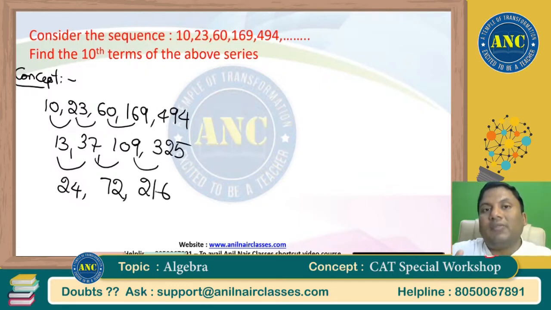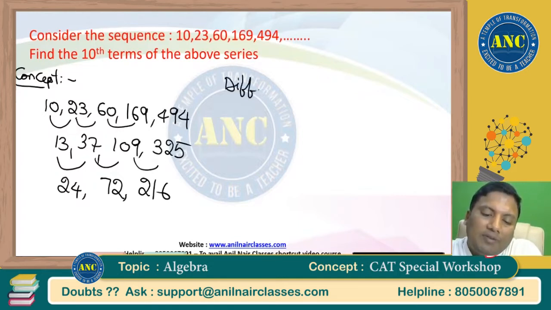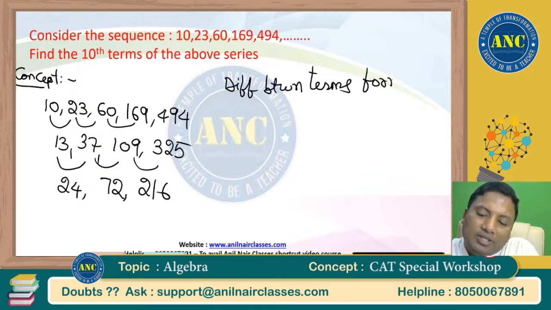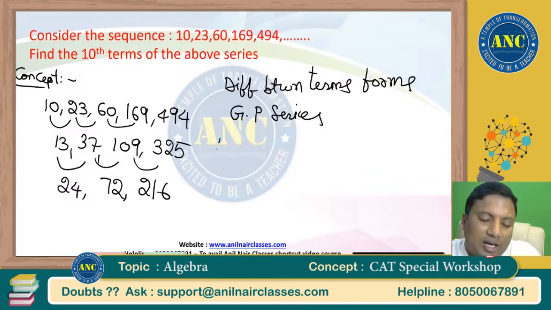The difference between the terms is forming a GP series. Please write down: if the difference between the terms forms a GP series, what is the idea?